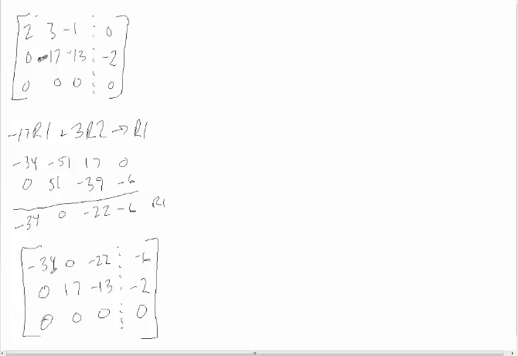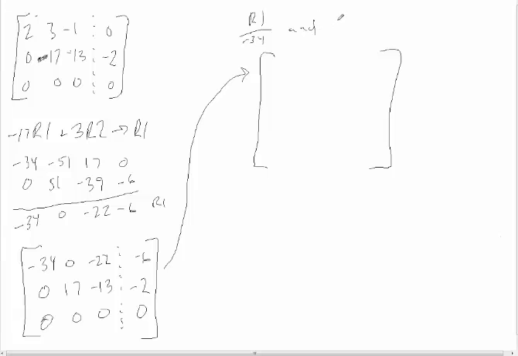And what we have basically is x and z and the equals, y and z and the equals. So what we can do now is I'm going to take the first row divided by negative 34, and I'm going to take the second row and divide it by 17.